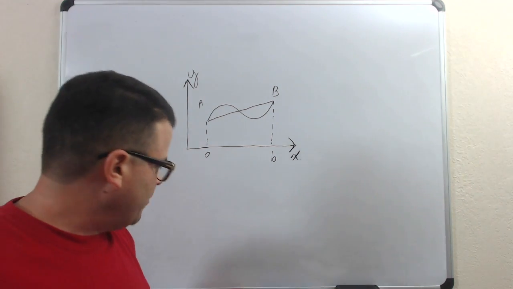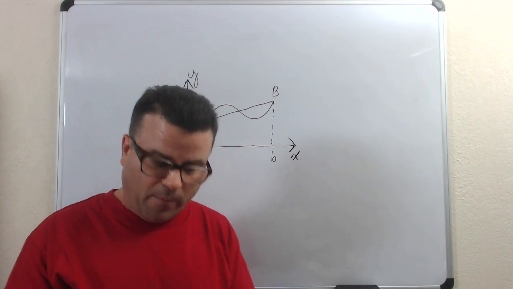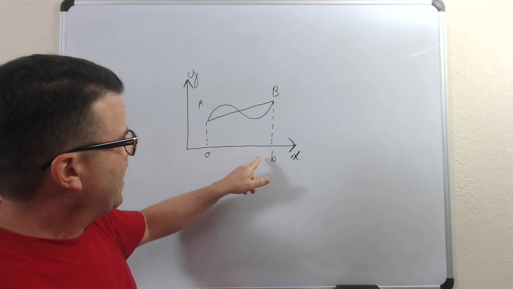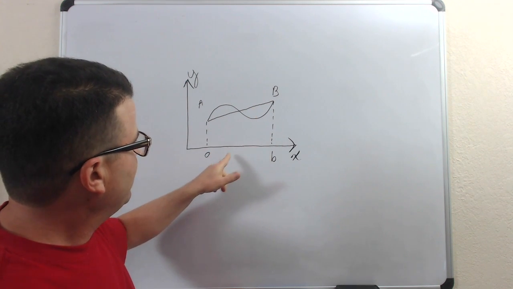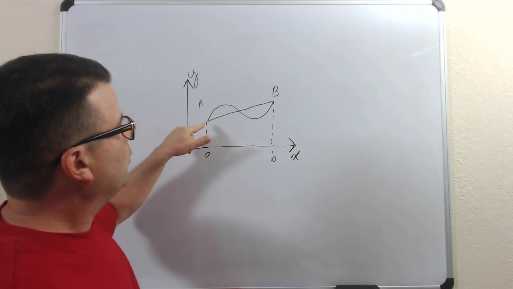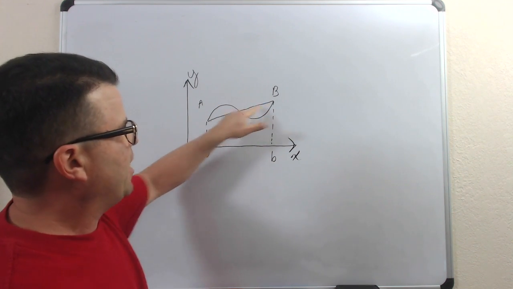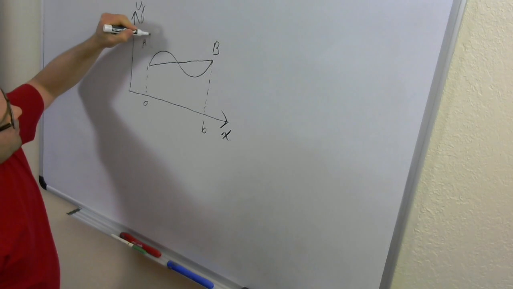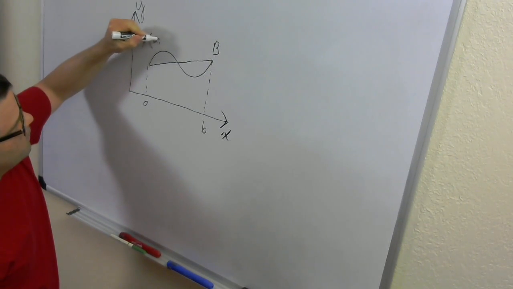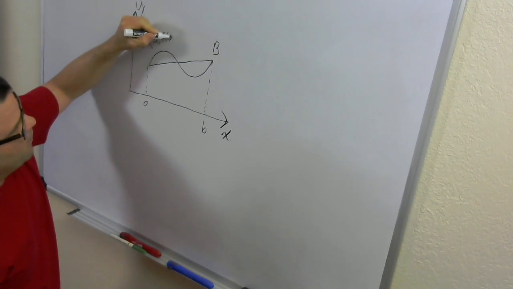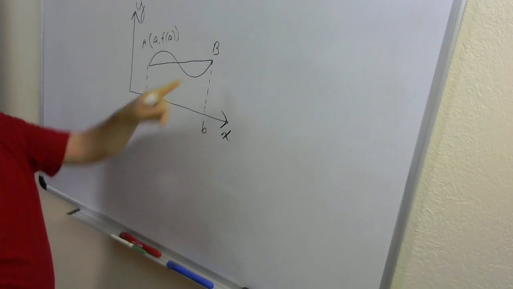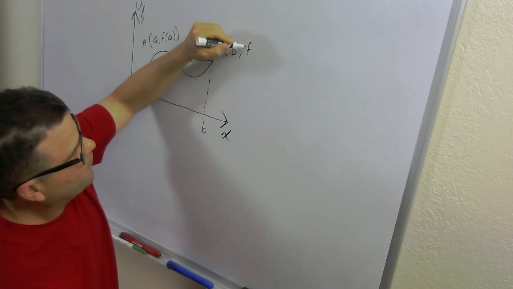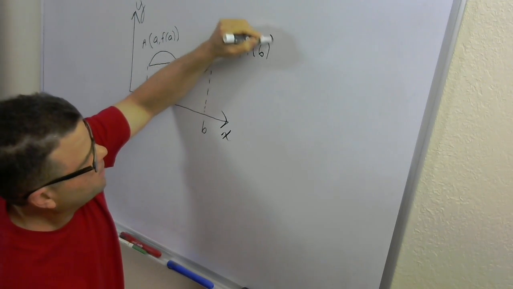And a calculus student would be mainly asked this one question: find the x coordinates where the slope of that tangent line, this x coordinate right here, and this x coordinate right here, is equal to the slope, the average rate of change from A to B. So this point right here, point A, the x coordinate is A, the y coordinate is f of A. And this point right here, B, the x coordinate is B, and the y coordinate is f of B.